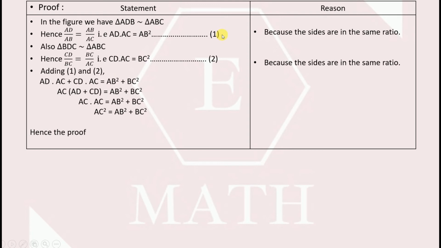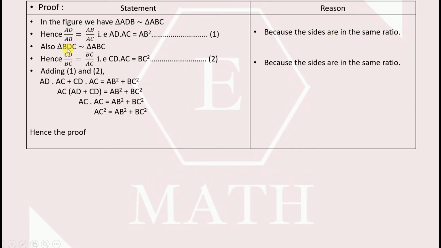So in the figure we have seen that triangle ADB is similar to triangle ABC, and hence from the BPT we have AD by AB will be equal to AB by AC. By cross multiplying we get AD into AC will be equal to AB square. That's our equation number 1, because the sides are in the same ratio.